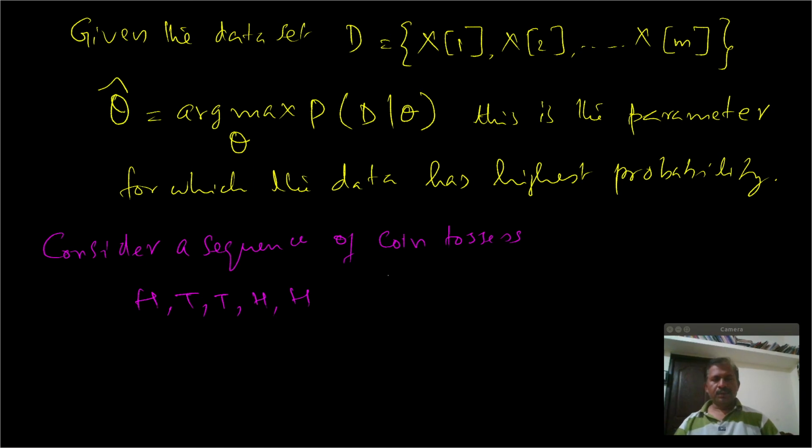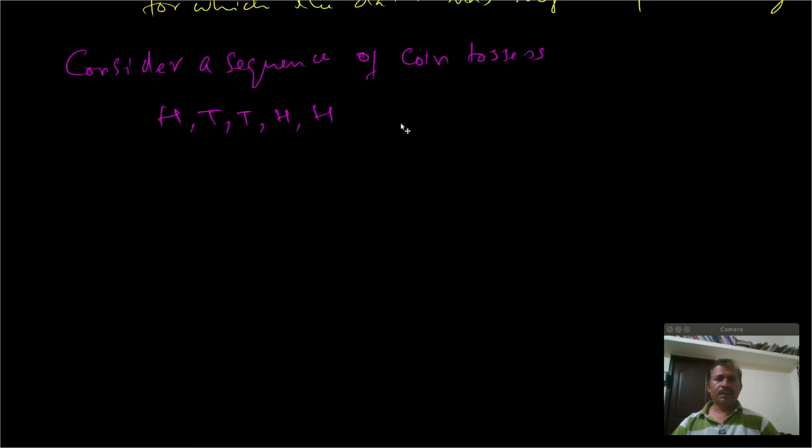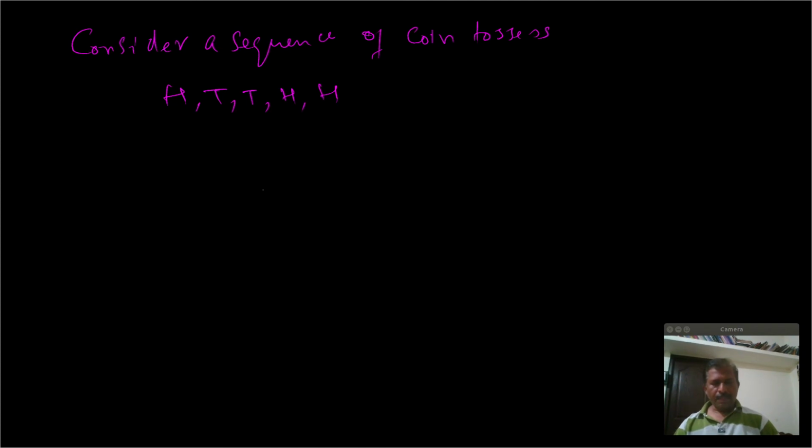So consider only m is 5 now. 5 tosses I have considered, right? So let me write the probability of data. My data is: the first toss is head, the second toss is a tail, the third toss is again a tail, followed by 2 heads.